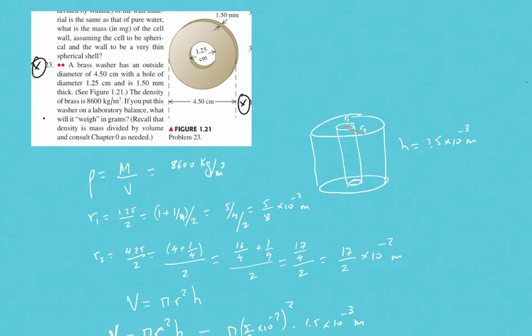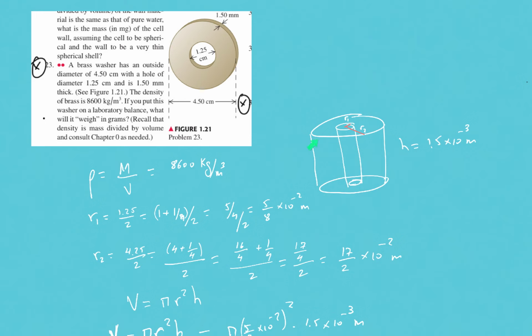It means that in the same 1 meter cube, you can place 1,000 kilograms of water, but in here you can place more mass of material. So the problem is asking what is the weight, or what is the mass first, that is here.